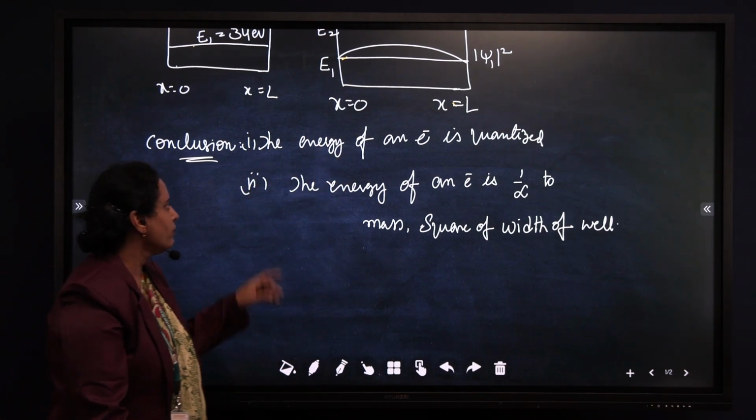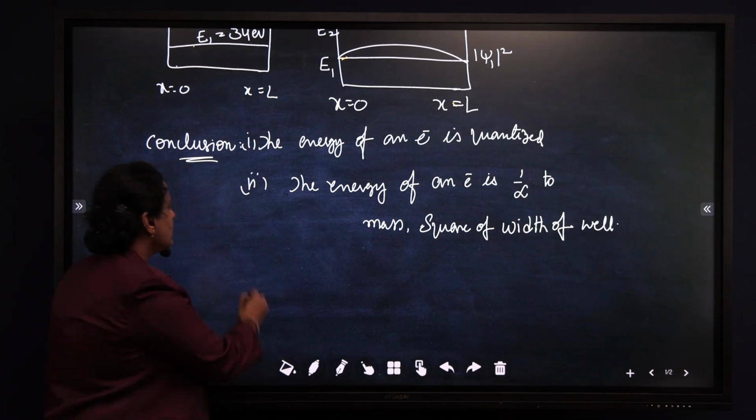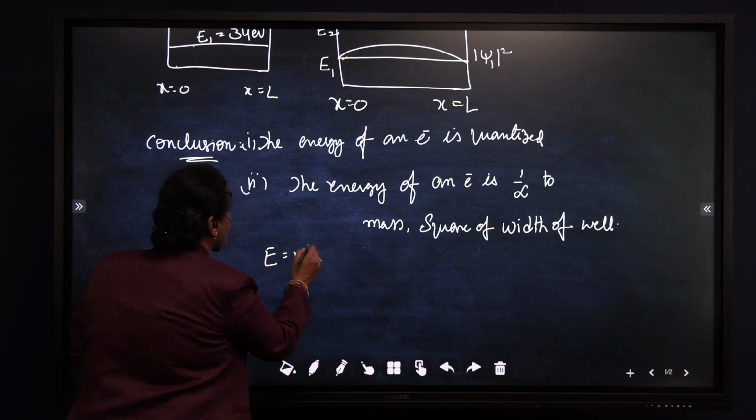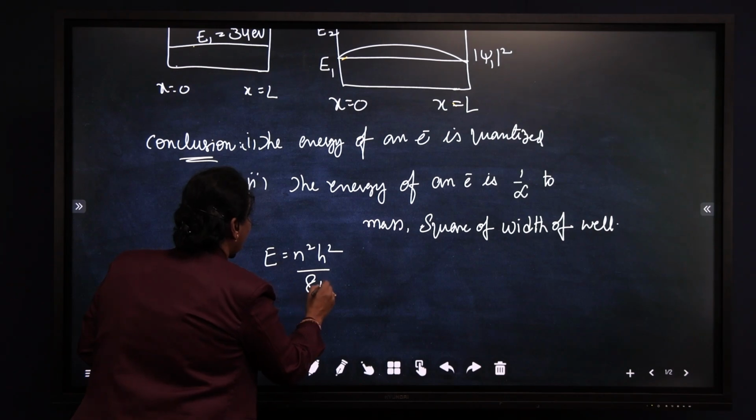We call this the energy of an electron being quantized. And one more important point: as we know, E equals n square h square by 8 m L square.